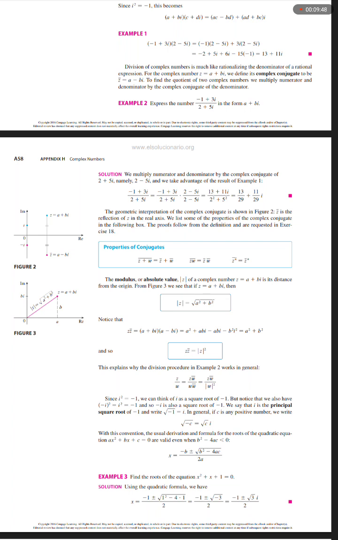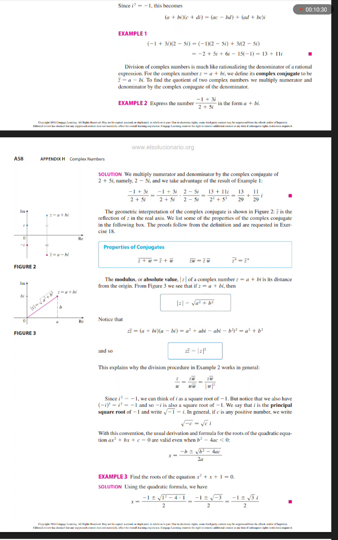Notice that z times z bar equals (a plus bi)(a minus bi) equals a squared minus abi plus abi minus b squared i squared equals a squared plus b squared. And so z times z bar equals the absolute value of z squared. This explains why the division procedure in example 2 works in general.